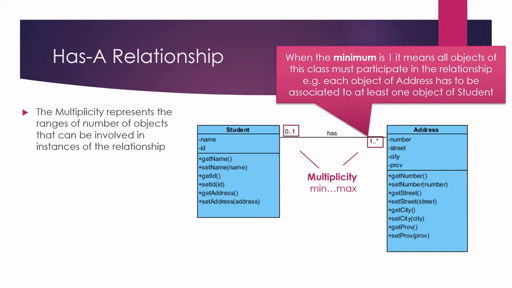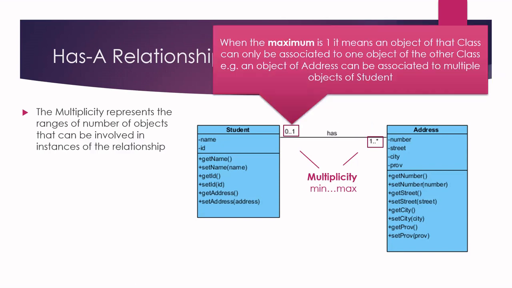When the minimum is 1, it means that every object must participate in the relationship, which means here in this example, every address object must be associated with at least one student. When the maximum is 1, it means that it's only one other object.